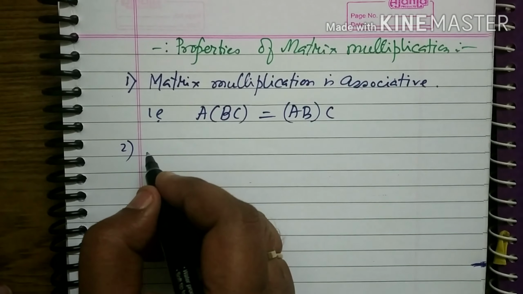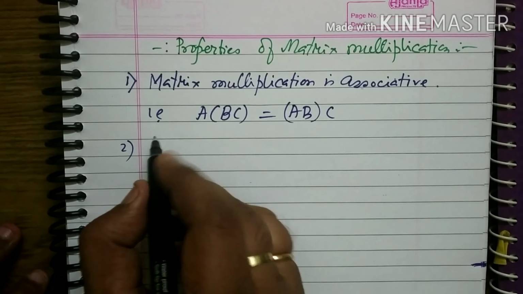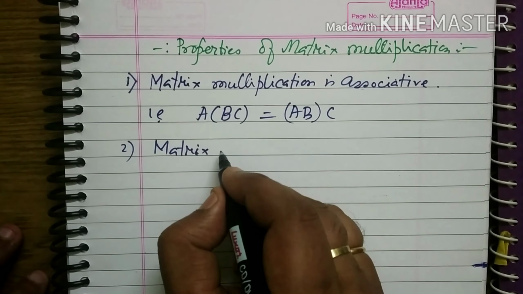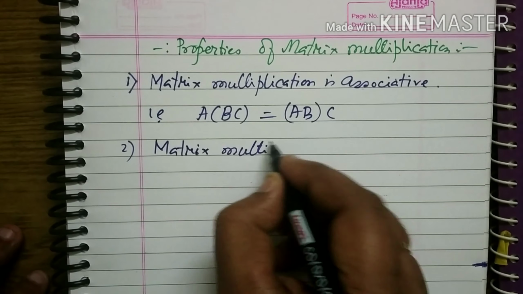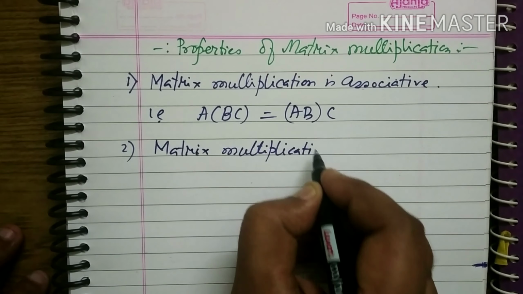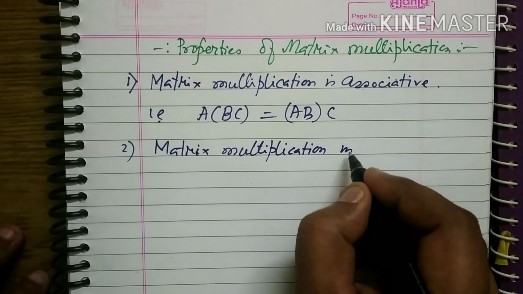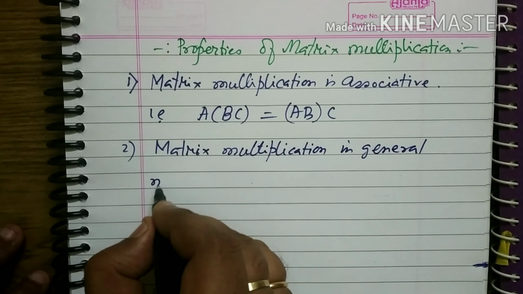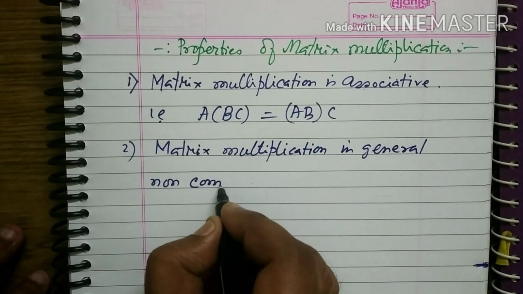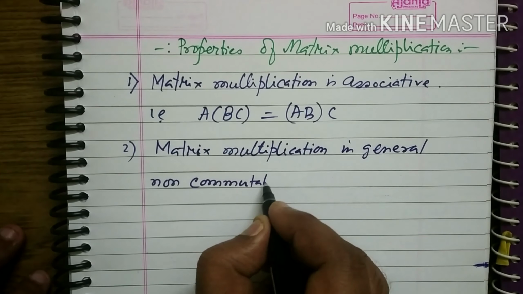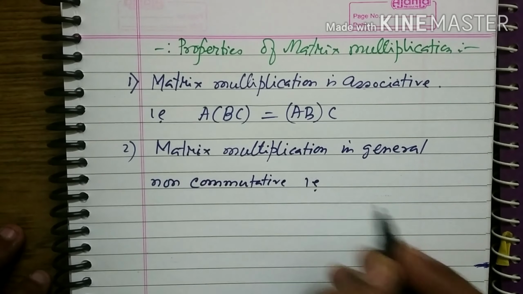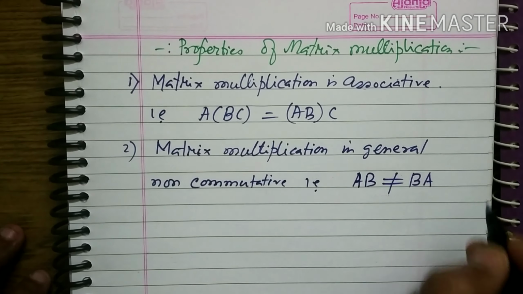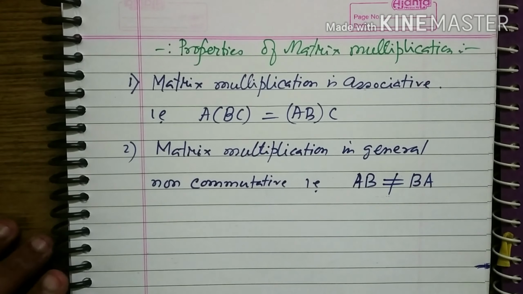Number 2 property: matrix multiplication in general is non-commutative, that is, AB is not equal to BA. Okay.